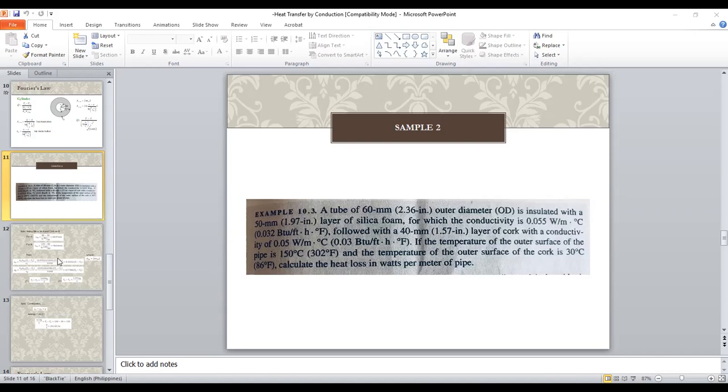So let's see how this problem is to be solved based on the required information, and that is the heat loss in watts per meter length of pipe. This already tells you that your computation for the heat loss should be per meter length of pipe, so you assume that your computation will use 1 meter length of pipe. Okay, so let's go to the next slide.